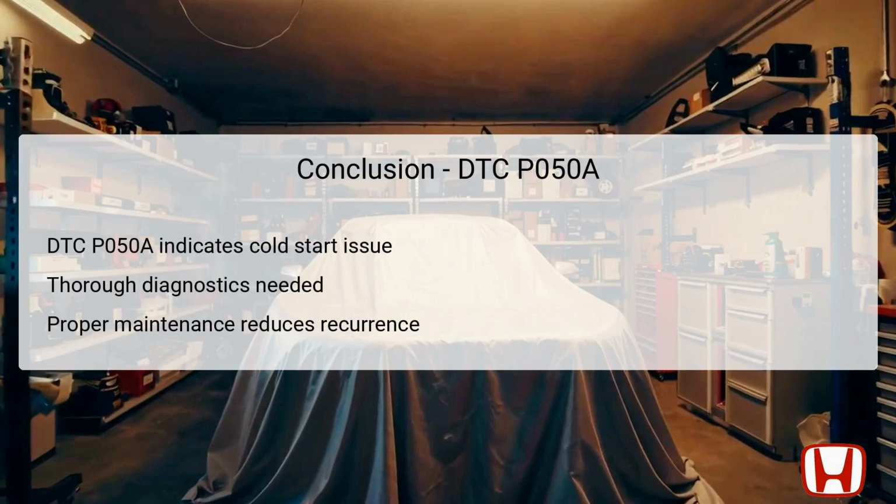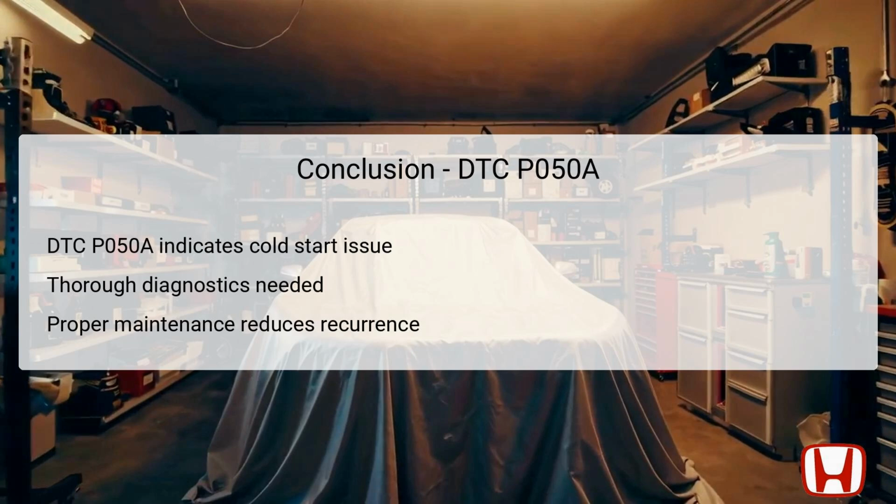In summary, DTC P050A is a critical diagnostic trouble code that highlights issues within the cold start idle air control system for Honda Civic models built between 2016 and 2021.